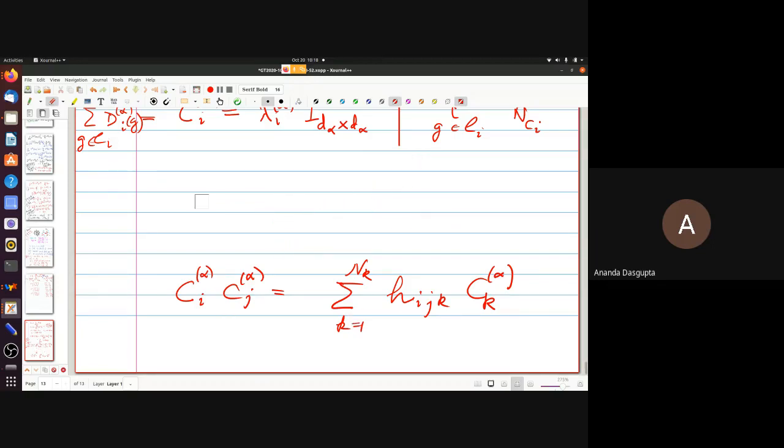So this is the class relationship, right? It was a relationship between classes, but now it's a relationship between class matrices. It was a relationship for arbitrary representations, but now we are specializing to irreducible representations, in which case this simply becomes lambda I alpha. We know that for the irreps, the class matrix is just multiples of the identity. We just use that.